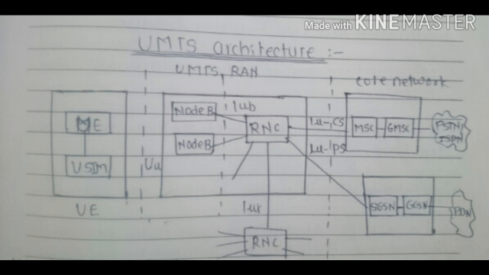Next is the packet switched domain. It is the part of the GPRS network. It consists of SGSN, that is serving GPRS support node, and GGSN, that is gateway GPRS support node.